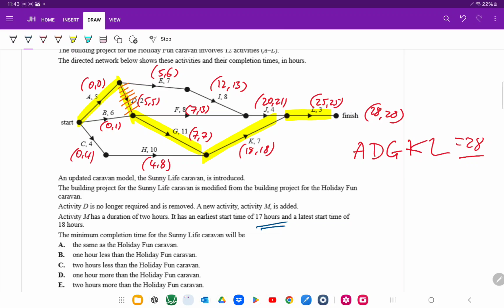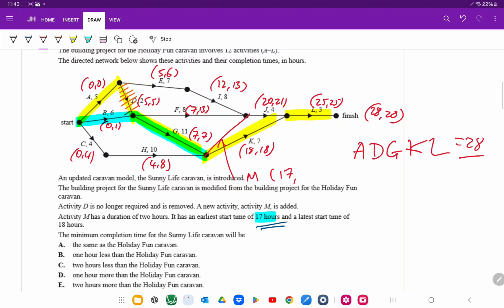So, let's have a look. Since we've got a start time of 17 hours, I'm going to just have a look at this path right here. Now 6 plus 11 means that we get a start time of 17, and since there is a slack here of 1, what I'm going to propose is that we put our M value there, and we get 17.